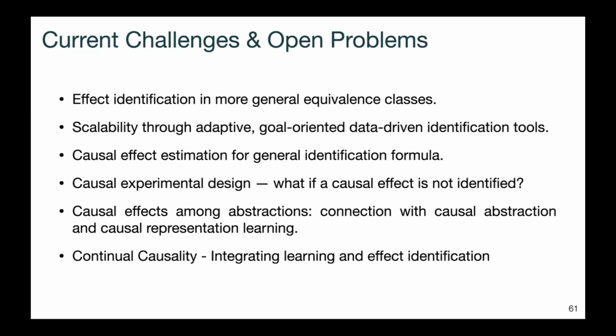And the last one that I want to mention is continual causality again, because last time I showed you that it would be important to do causal discovery through continual learning, but integrating learning and effect identification at the same time is also something interesting, because it allows you to do this type of adaptive and goal-oriented approach. Yeah, so that's all from my side.